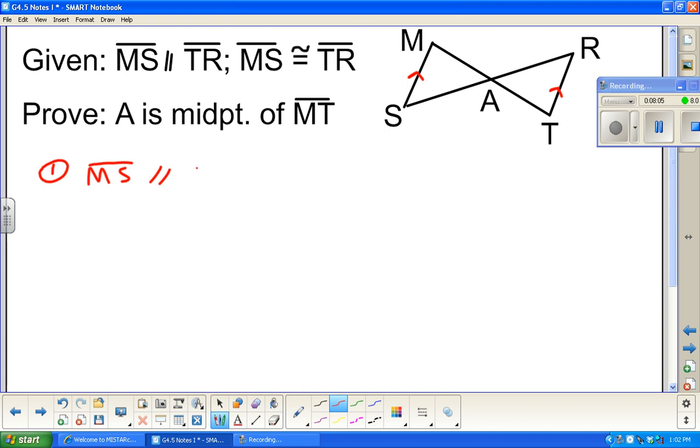MS is parallel to TR. And again, just to save space, I'm going to put both givens on the same line. We also know MS is congruent to TR. So we can give them the little tick mark too. And we'll just do it in one step, save some space on the board. So we had 2 givens.